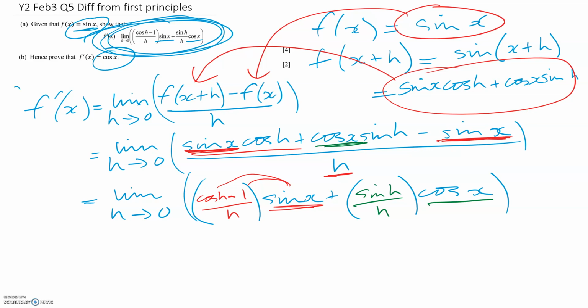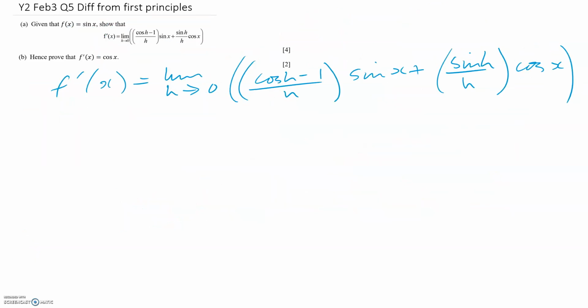In part B, there's not a lot to do really, except explain what happens as h goes to 0. Now, I think I would just tidy everything up a little bit before explaining about that. So as I was saying, in part B, we just need to decide what happens as h goes to 0.